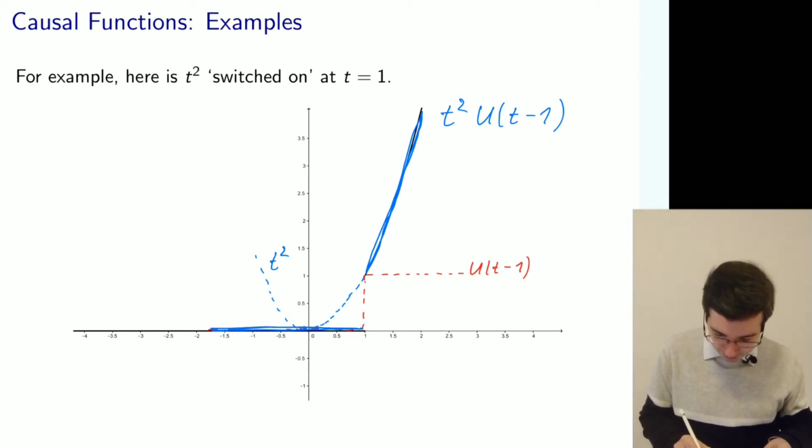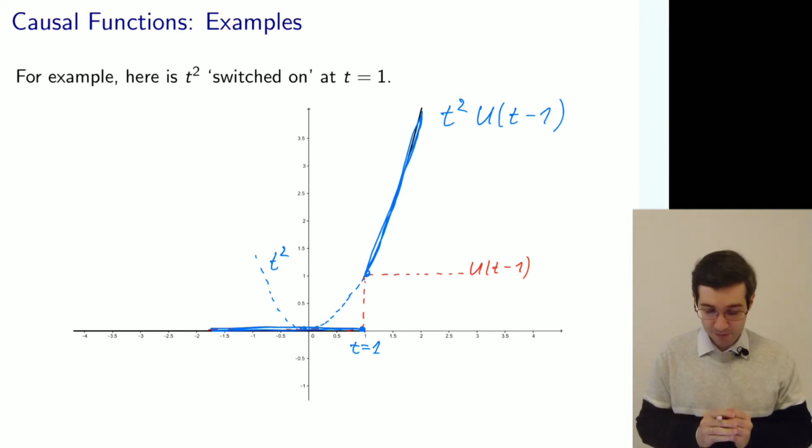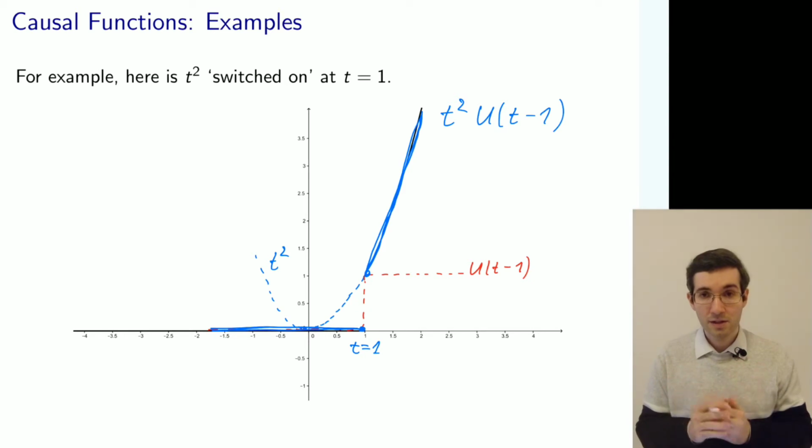And as you see, it is discontinuous. It jumps from 0 to 1 at time equals 1. That's one example where we combine a function which is continuous and a function which is not continuous, like the unit step function.